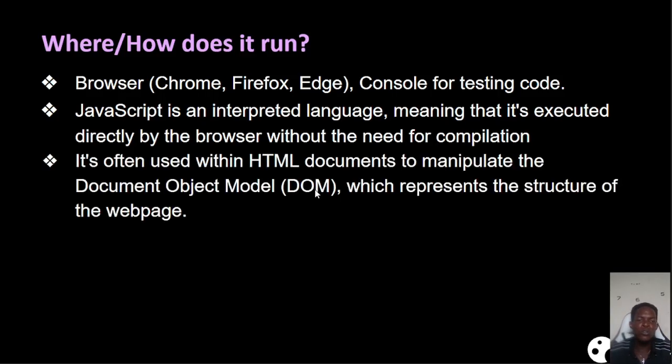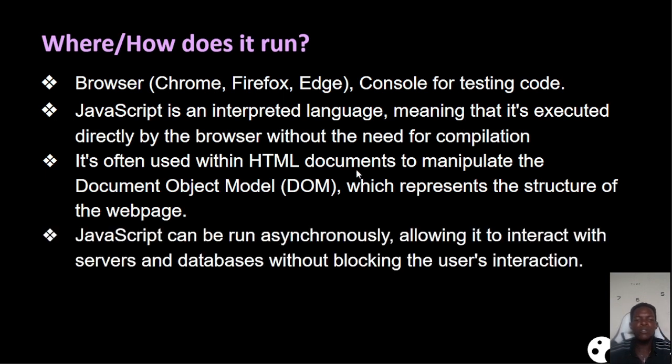Also, it's often used within HTML documents to manipulate the document object model, the DOM, which represents the structure of the web page. We are going to talk about that in this class. Then JavaScript can be run asynchronously, allowing it to interact with servers and databases without blocking the user's interaction.